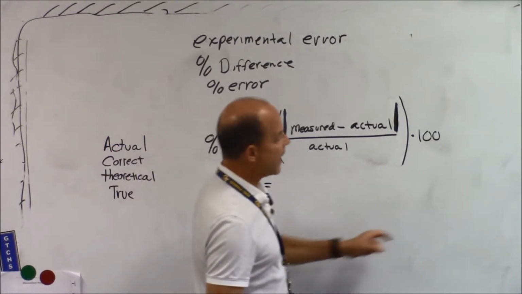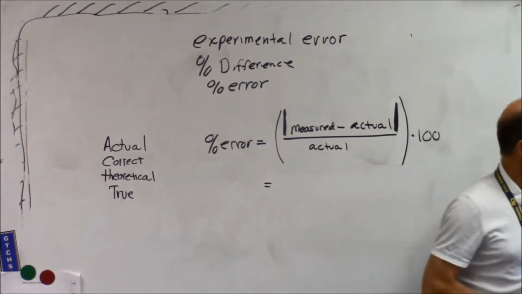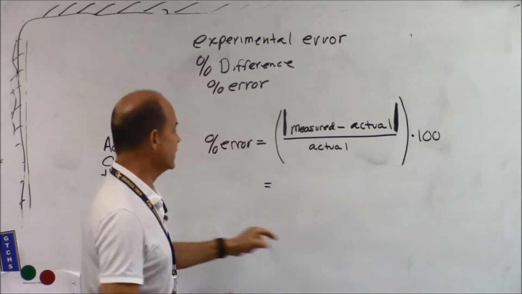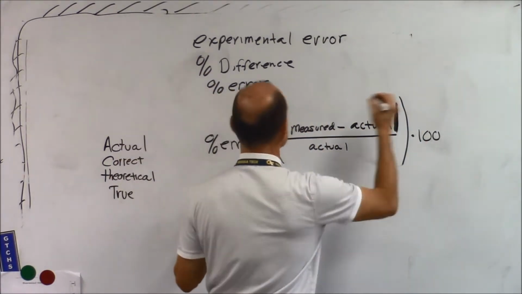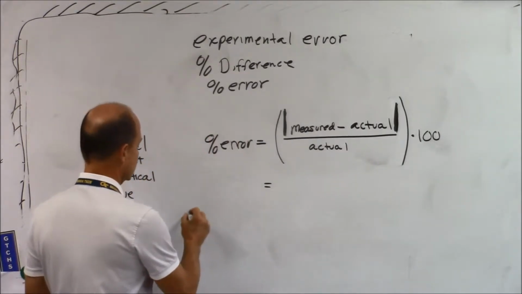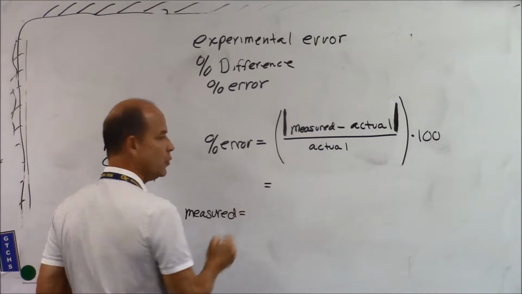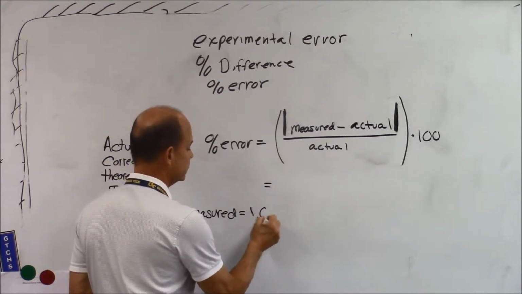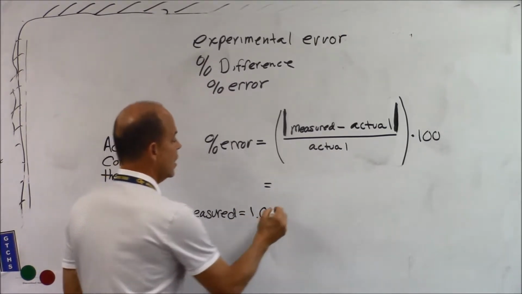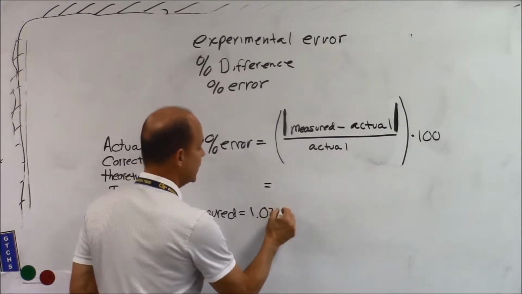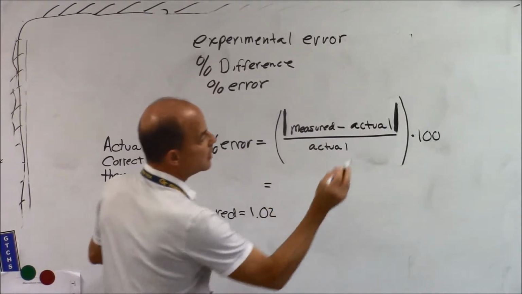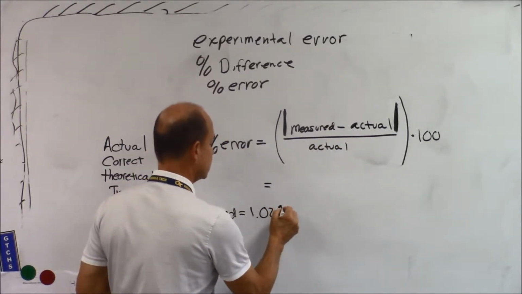What we found as our experimental value over here, our experimental density, our measured value, was equal to 1.02. Proper units would be grams per milliliter.